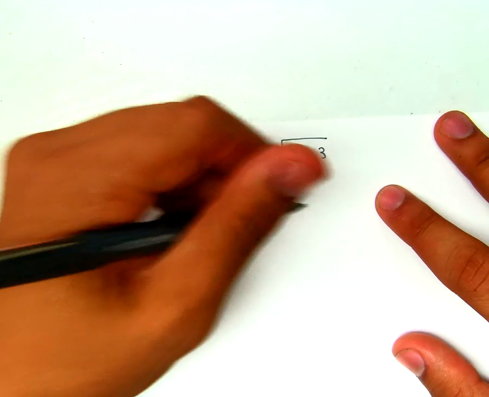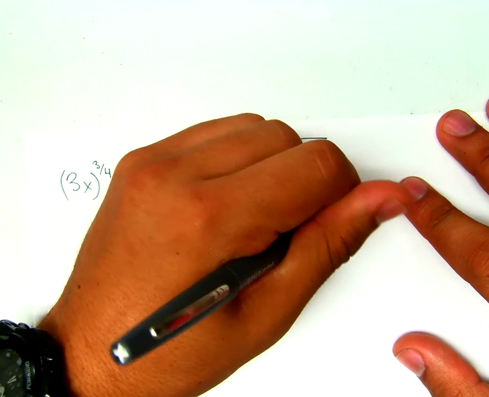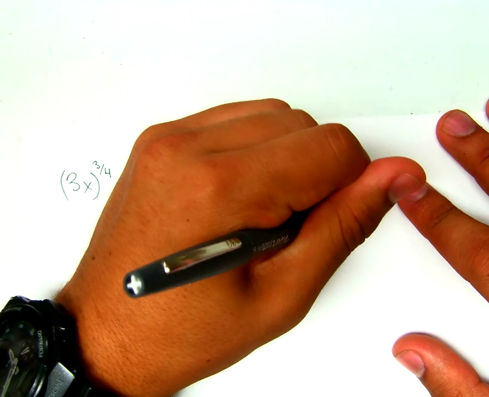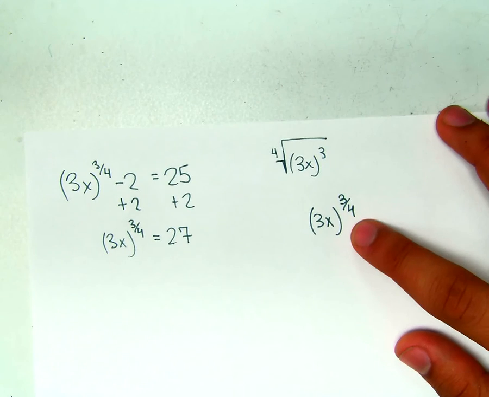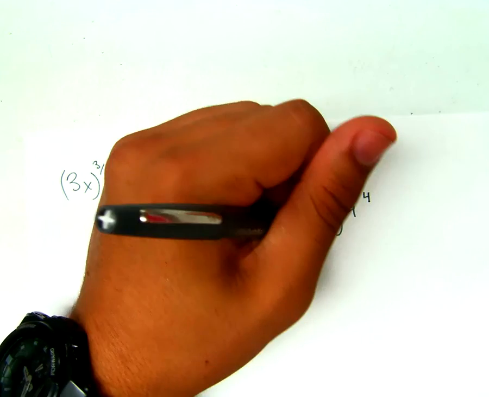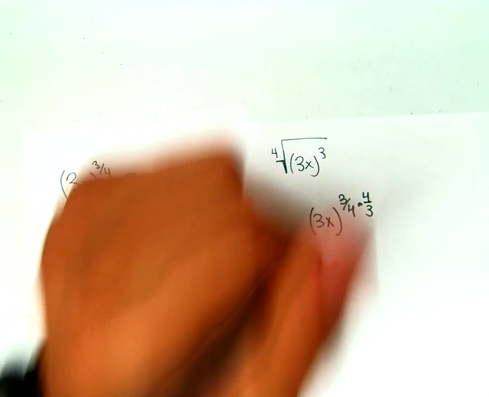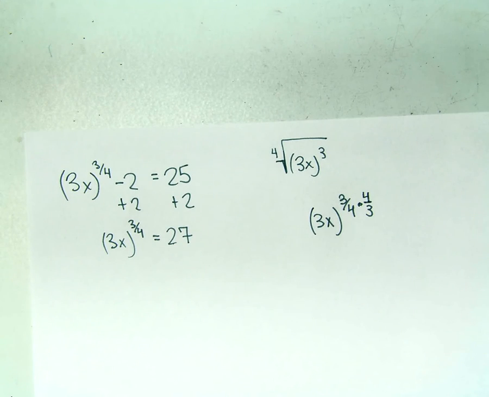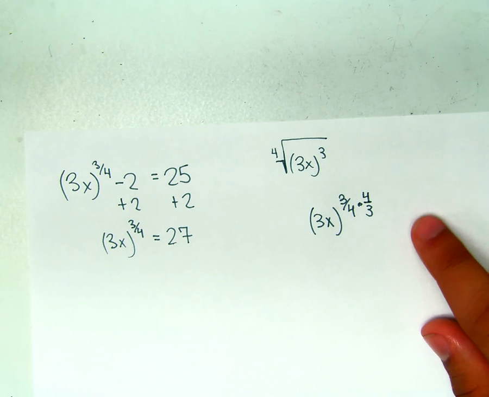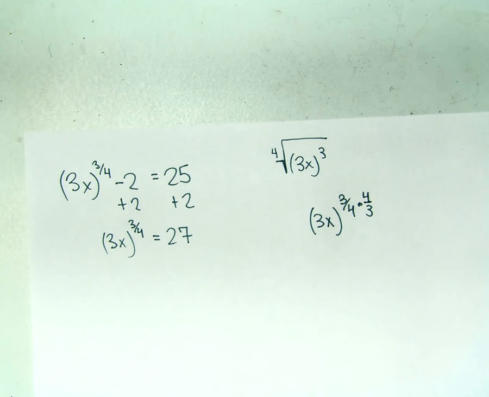Reason being is that if you raise, via scratch work, 3x to 4/3, it's a little bit different.